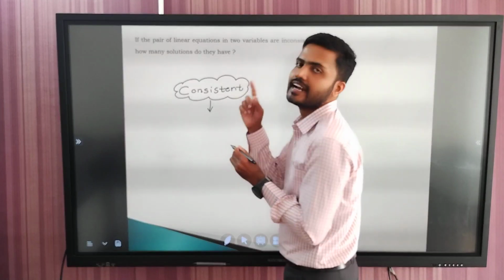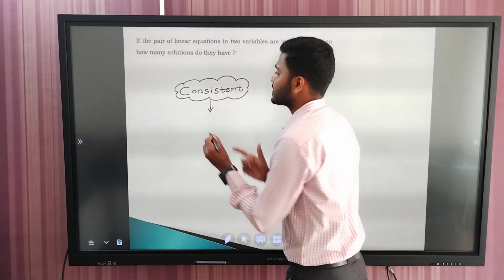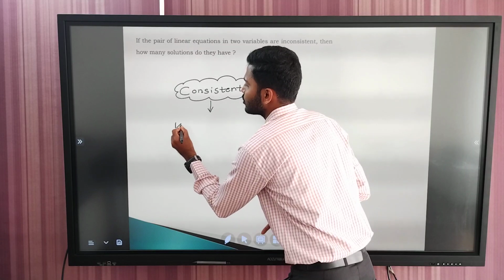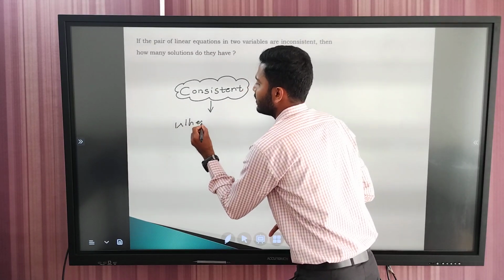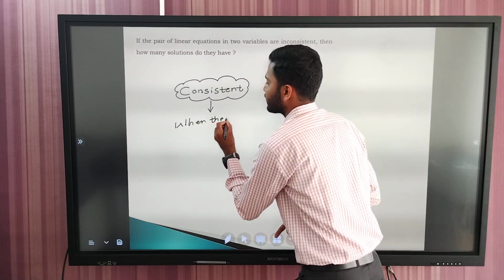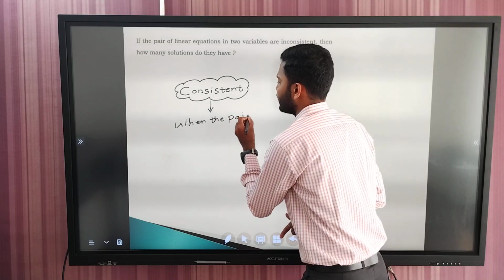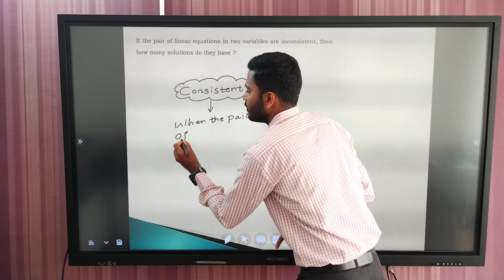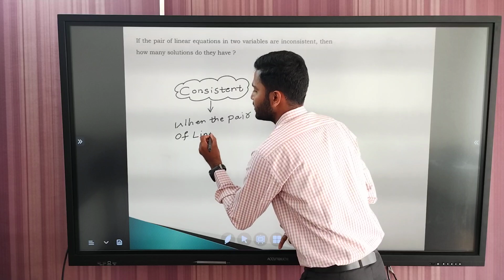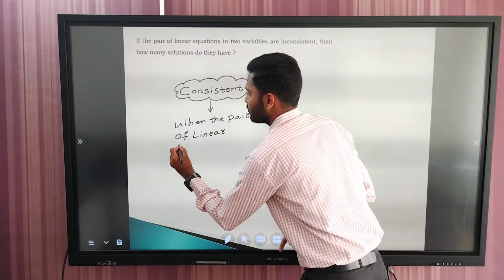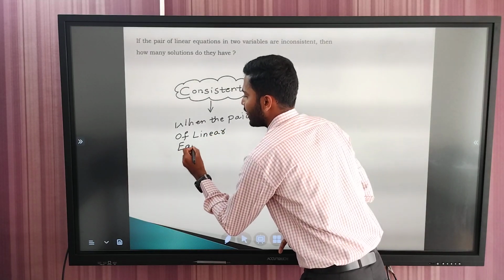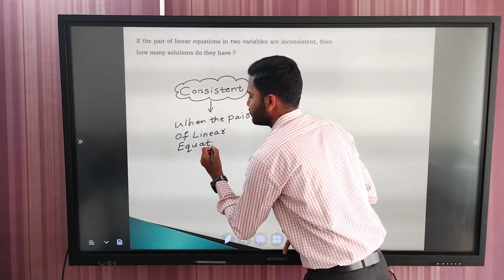So when do we say that a pair of linear equations is consistent? When they have a solution. When the pair of linear equations have a solution.